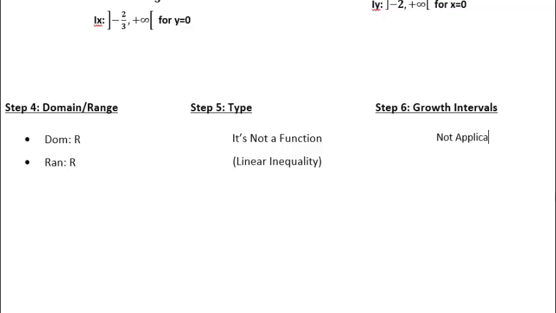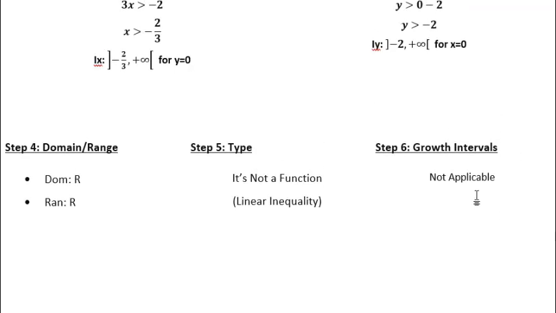They don't exist in relations that are not functions, like linear inequalities. There is no meaning to growth intervals. Okay, so I'm going to put not applicable, and I can explain that it's not a function. Okay, so it's not applicable because the graph is not a function.